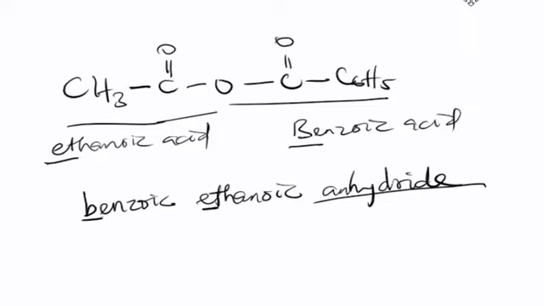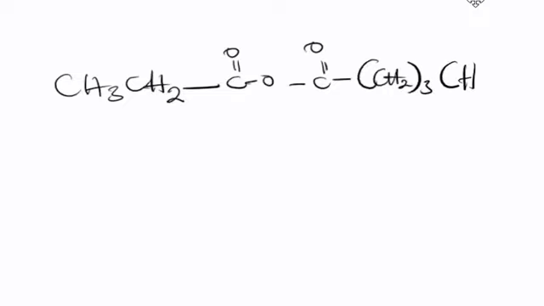So let's look at another example on that for clarity. So let's say I have CH3, CH2, then this, and then CH2 and then CH3. So this is 1 plus 3, 4, 5.